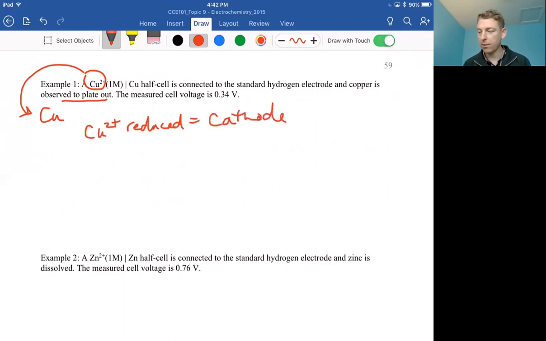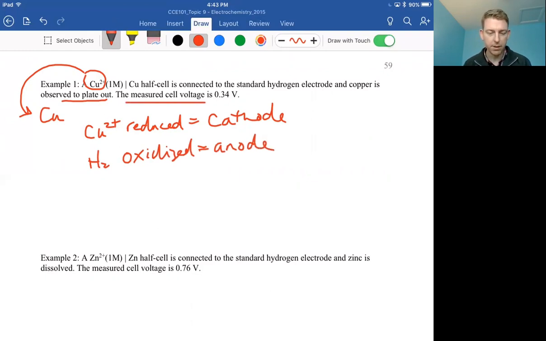And that can only mean that the other half of the reaction, so in this case, the hydrogen electrode is oxidized. And that's going to be our anode. And what else does the question give us? It gives us the measured cell voltage at 0.34 volts.